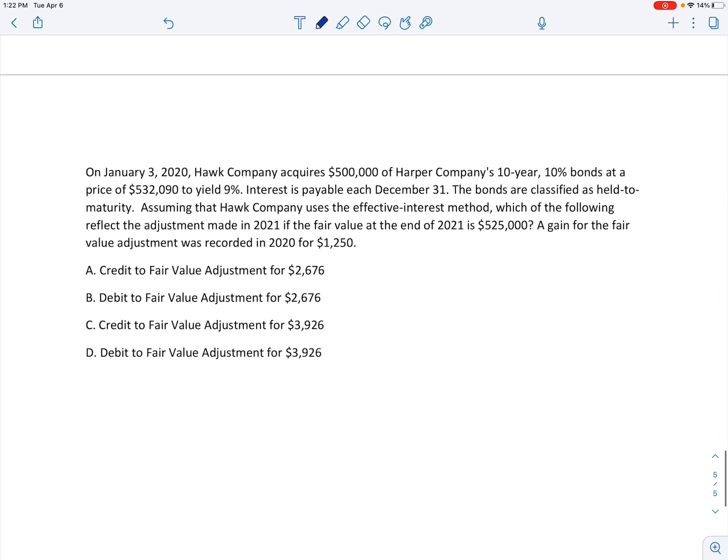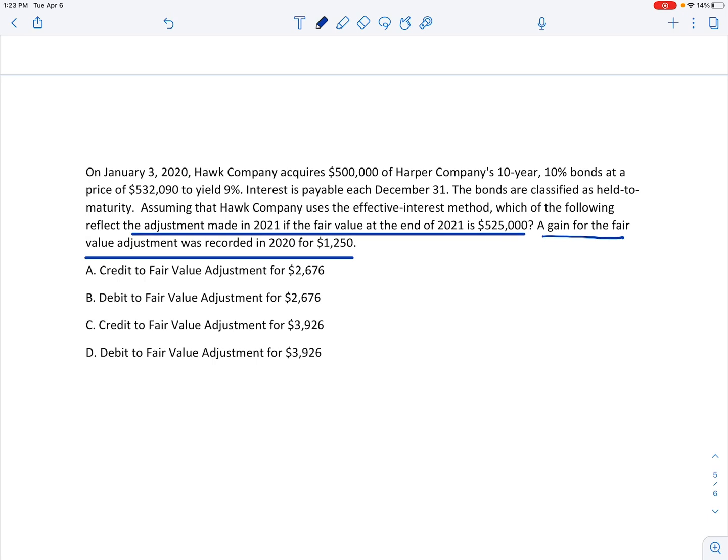All right, one last one we'll walk through. This one, again, is based on the same type of information, but in this one they want the gain for fair value adjustment recorded in 2020 of 1,250, and what's the adjustment made in 2021 if the fair value is 525.